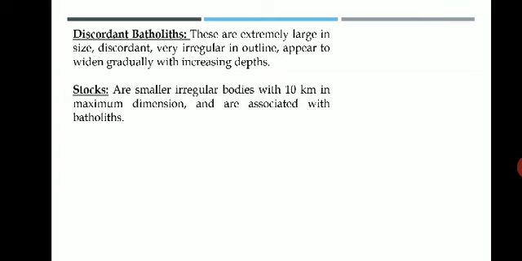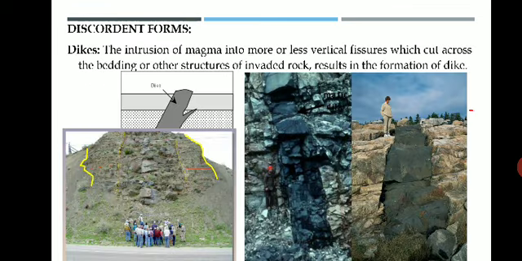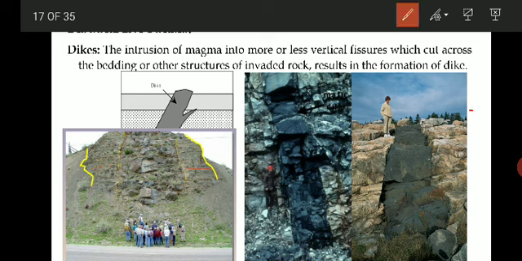Then we can see one more structure that is in the form of intrusions. Again in case of dike, let me complete this dike first. These dikes show different forms, like they occur in a ring shape, we call it a ring dike, which is a type of outcrop.